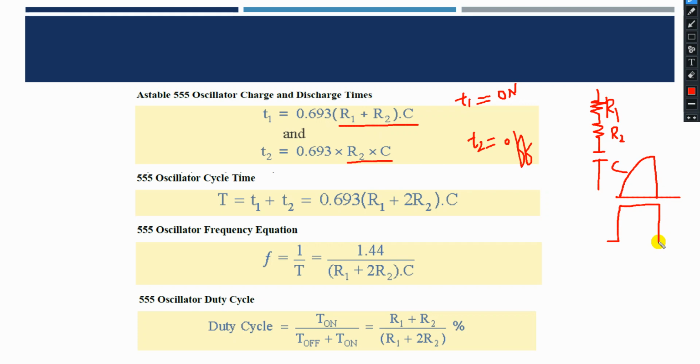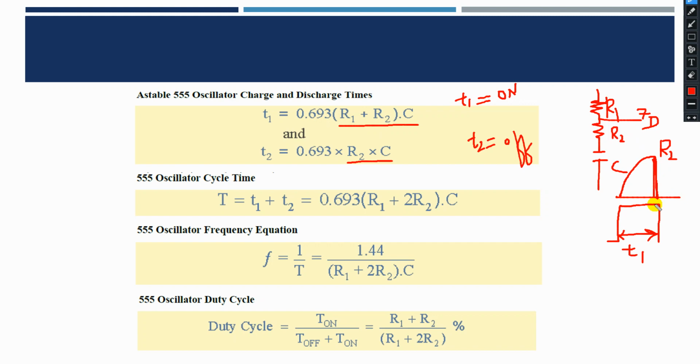That output duration is a particular time period, that is T1. Later the capacitor starts discharging, which is governed by your R2, because that is connected to the discharge pin number 7 of your 555.